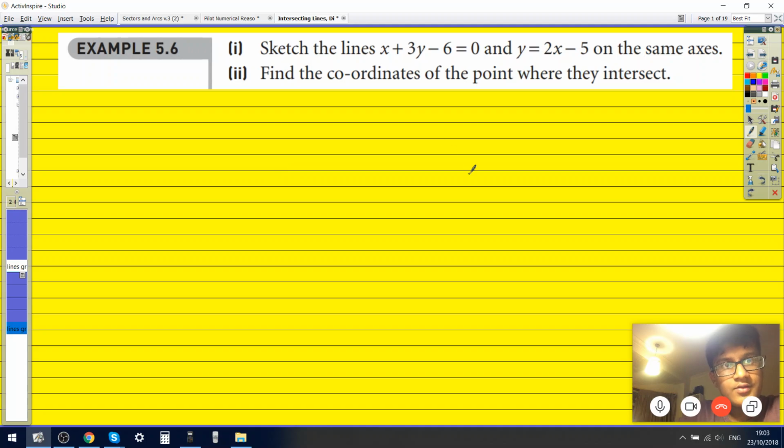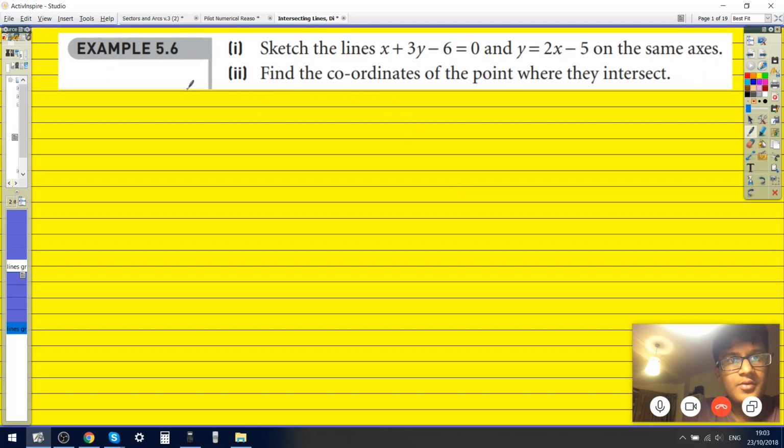Yeah, plus 3, 1, 0. So y equals minus a third of x plus 2.